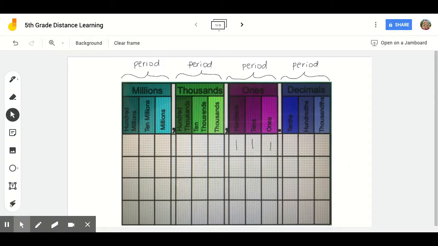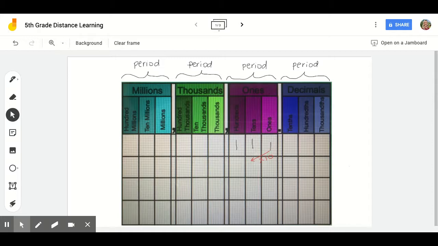So let's check some patterns here. Let me change my color. From here to here, so I'm looking at the one from the ones column to the tens column. How many $1 bills would you need to make $10? Well, you'd have to count out a $1 bill 10 times, right?